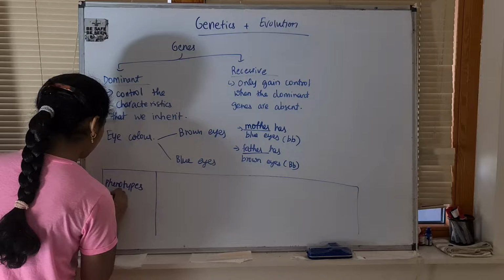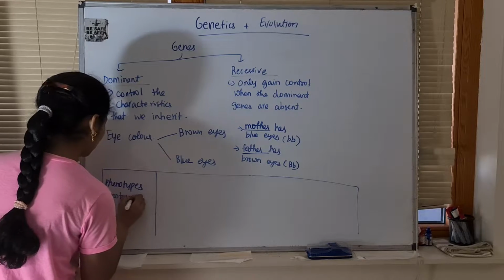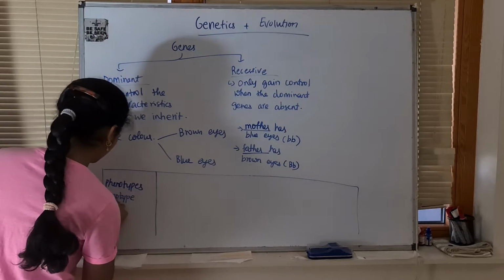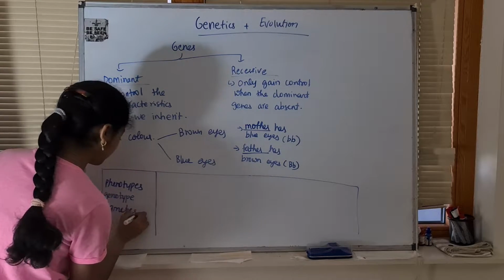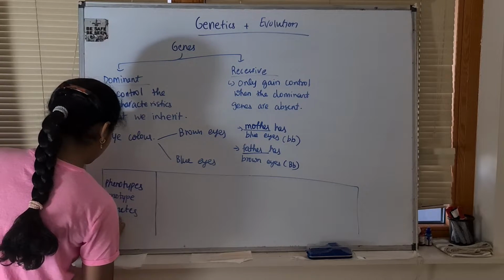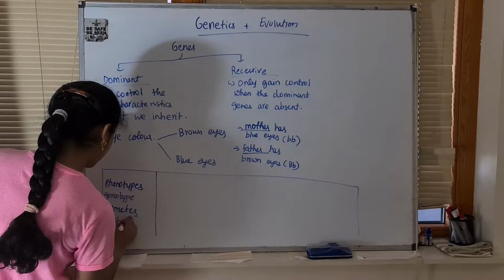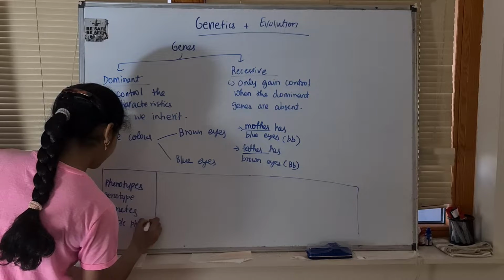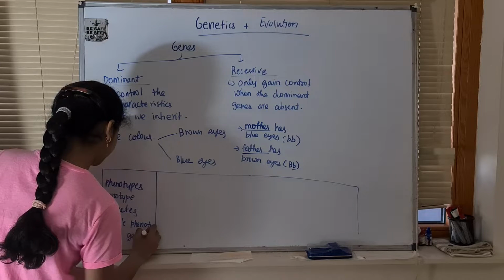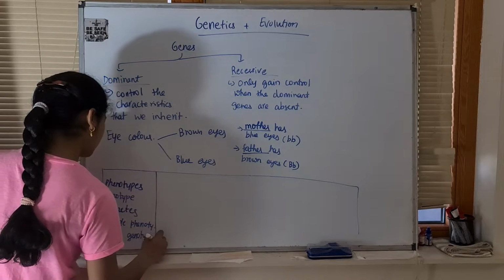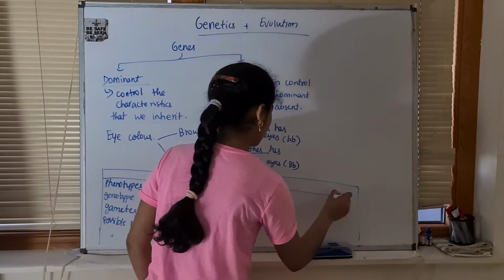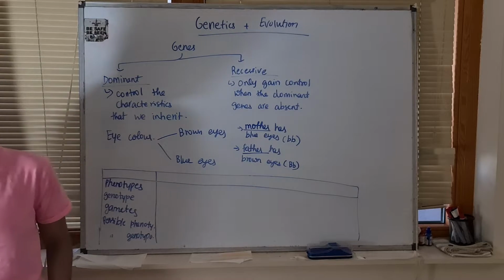Then we write the gametes, and then the possible phenotype and possible genotype. So this is how we make this table.